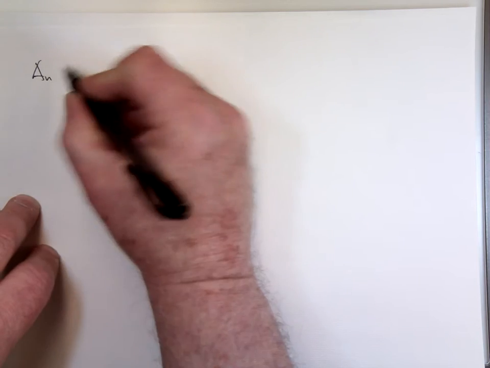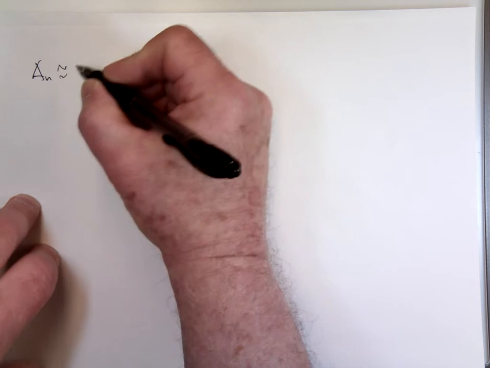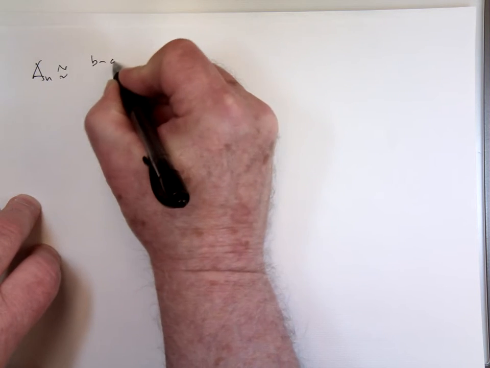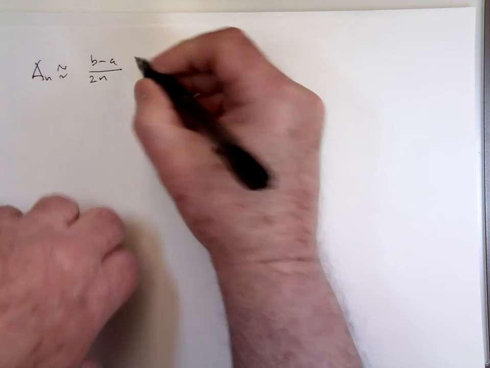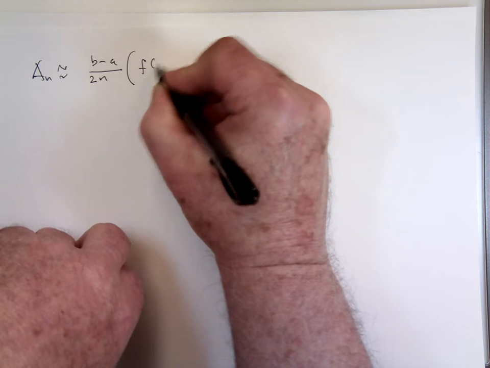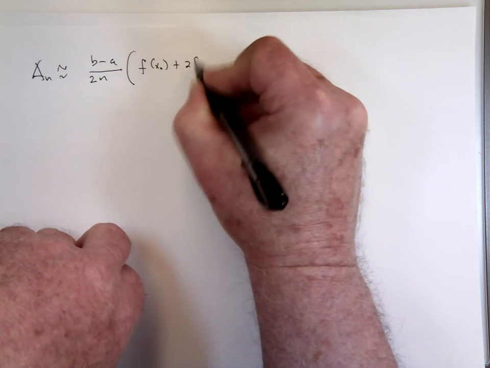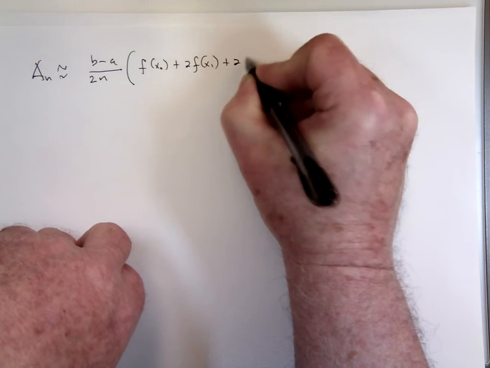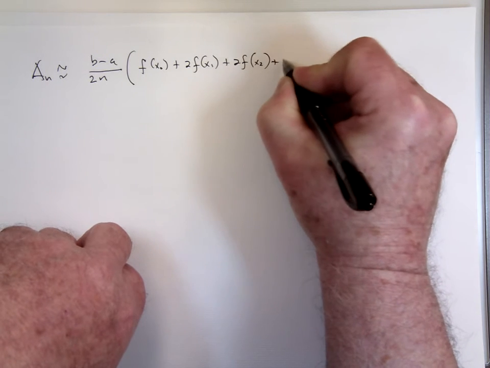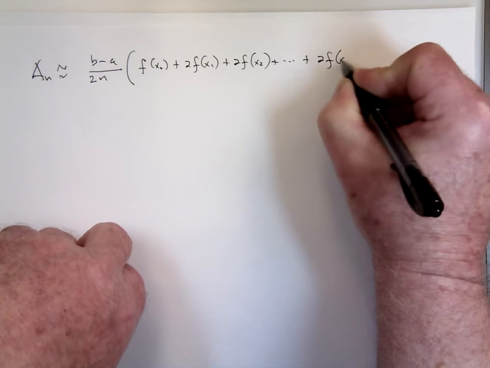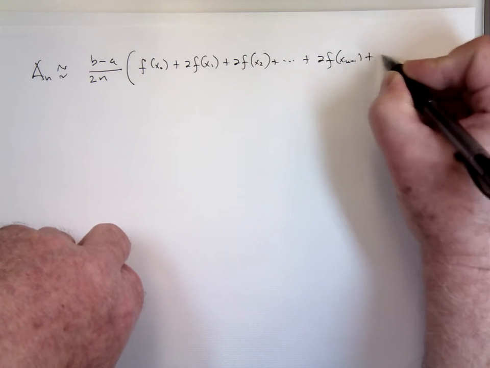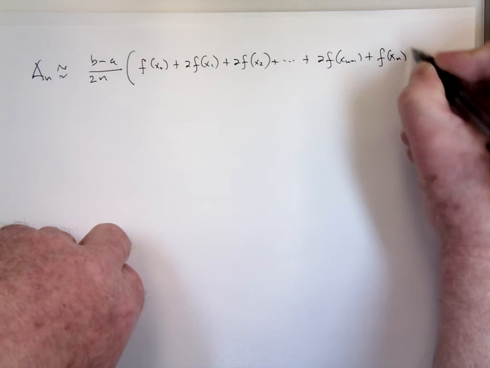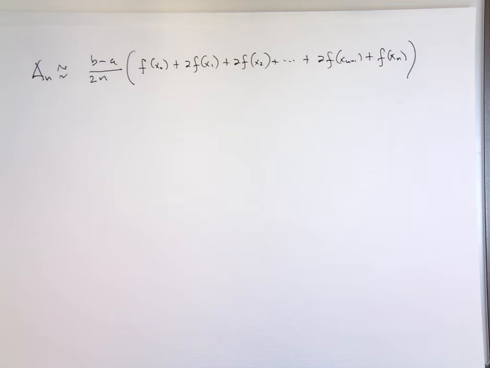The area in terms of n trapezoids is approximately equal to b minus a over n times 2 times this sum: f of x sub naught, 2 f of x sub 1s, 2 f of x sub 2s, 2 of f of x sub n minus 1s, f of x sub n, like so. That's the trapezoidal rule.